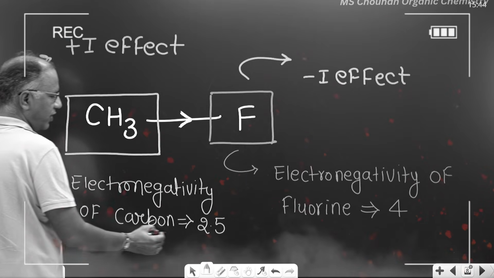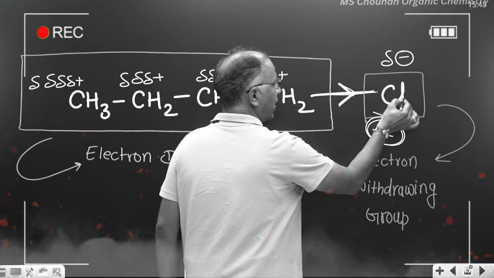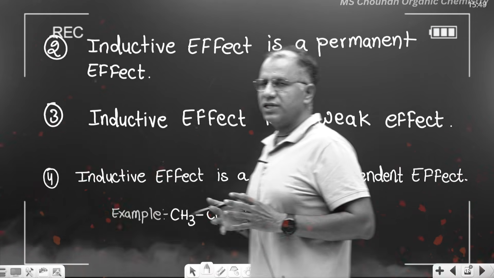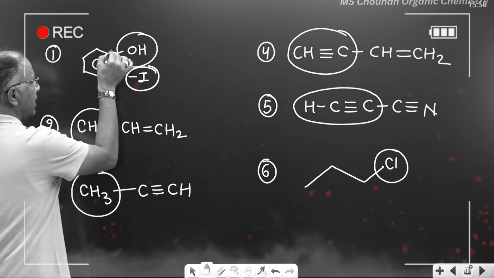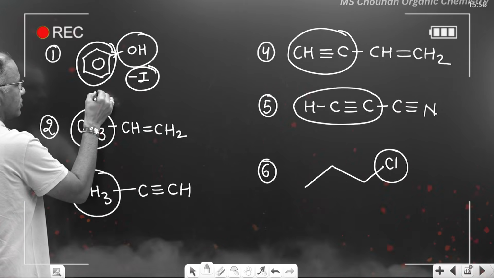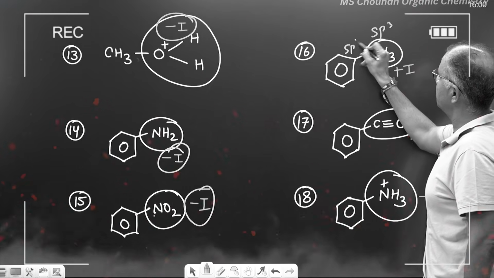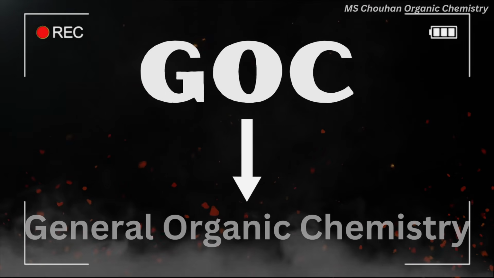What is the electronegativity of carbon? Whatever we are studying in inductive effect, now chlorine is more electronegative, this means there is a delta minus on chlorine. It is a weak effect or it is a strong effect? It is a weak effect. Understood that if this group is -I, what about the phenyl? It is showing, now this is sp3 carbon, it is toluene and this is sp2. This means oxygen will carry delta minus, sulfur will carry delta plus.